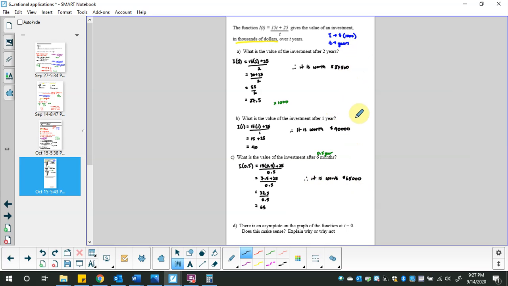So even though as I asked the questions, the numbers went up for the amount it's worth, if you think about it, I asked it in the opposite order. This is the least amount of time, this is the most amount of time. So this investment is actually quite terrible. It's gone from whatever it started at to $65,000 to $40,000 to $27,500.